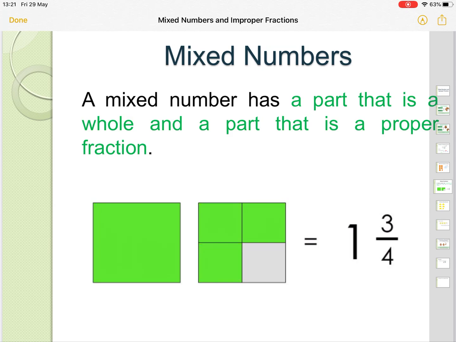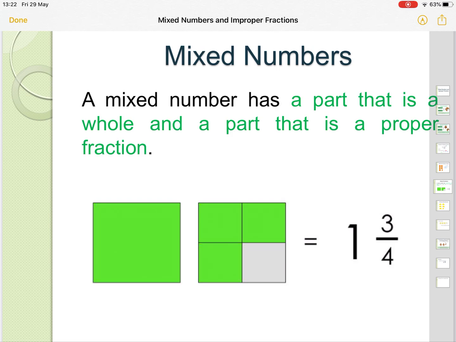If you look at the diagram, I have one whole square which is colored in, and the other square is divided into 4 equal parts, and 3 are colored in. So I have one whole colored in, and 3 parts out of 4 of another square.